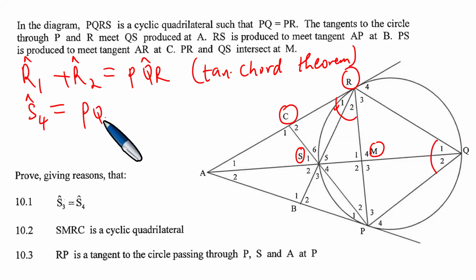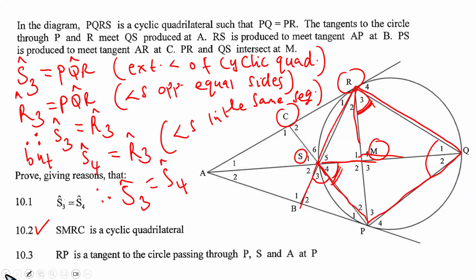Okay, I'm going to just analyze that, but it is true that the angle S4, this here, is equal to the angle PQR. Just note that angle S4 equals the angle PQR.